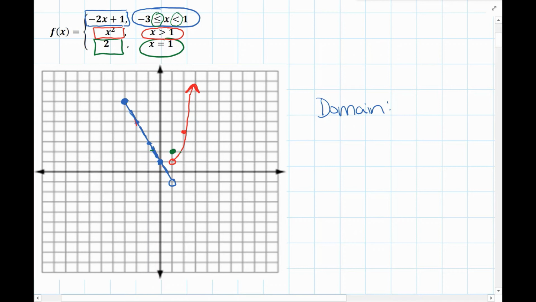So when you look at a piecewise function, you're trying to determine what the domain is going to be. You need to think, okay, let's say if I had a ruler down here. I'm just going to draw a line down here and see if this could help us understand how to do it.